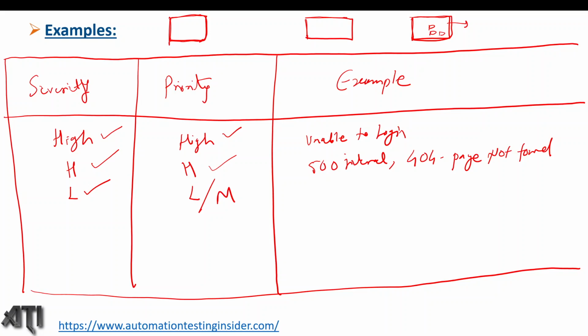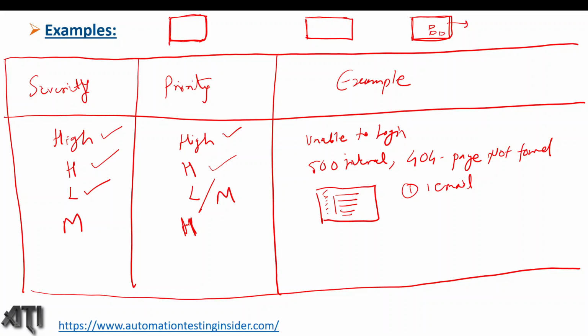Now let's talk about medium severity and high priority. Let's say we are testing the inbox of the Gmail page, okay? We have different emails in the inbox, and at a time we are able to delete only one email. We are able to delete one email at a time, but while selecting all the emails we are not able to delete them. So this is an example of medium severity.